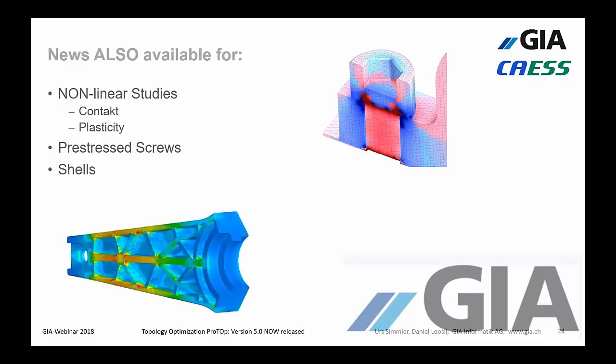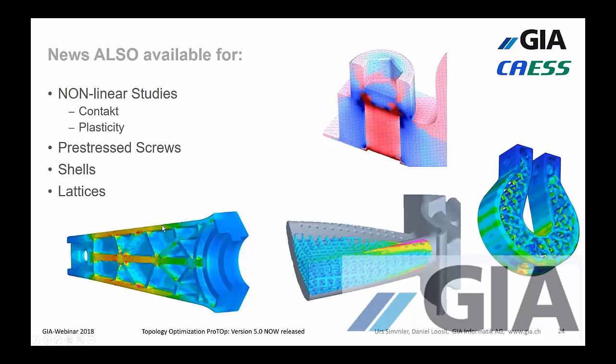You can even work with pre-stressed screws, and we saw the capability working with shells and lattice in order to optimize, because at the end of the day, when you deal with topology optimization, you really want to have a lightweight part. You want to optimize those components, and in the future, lattices will be there. You have to optimize the lattices, and ProTOp will do that for you.